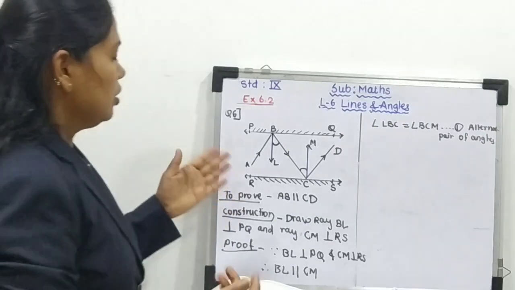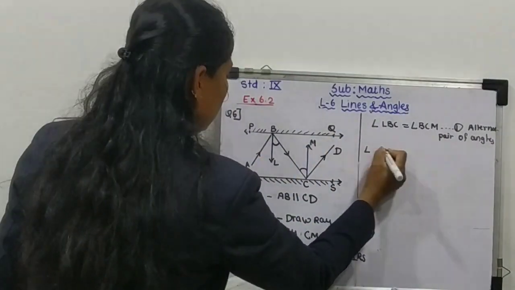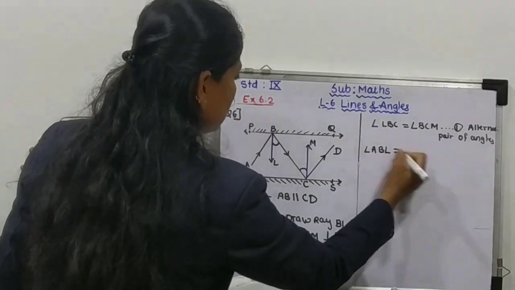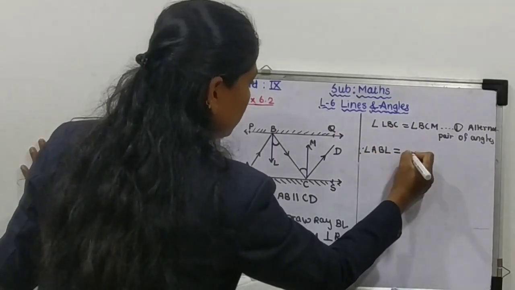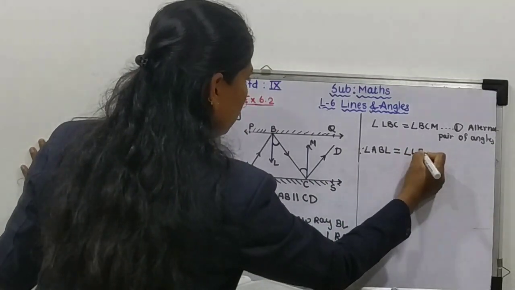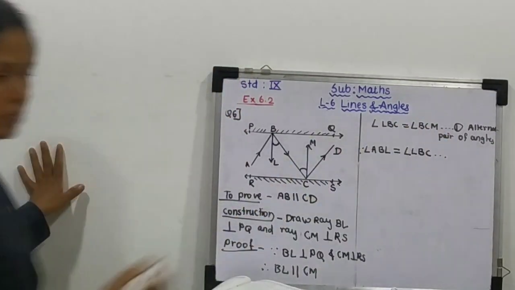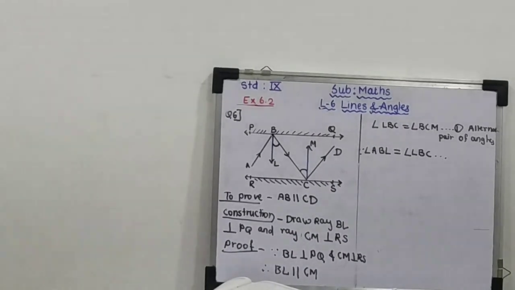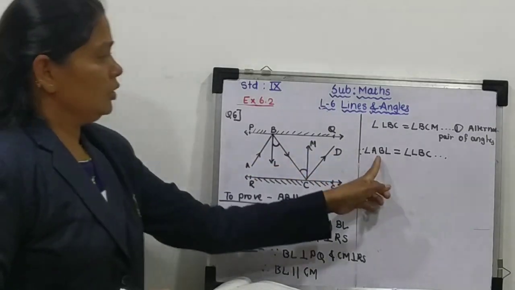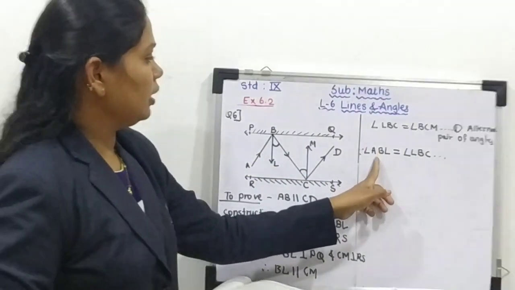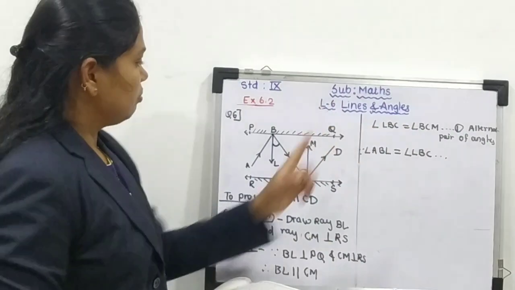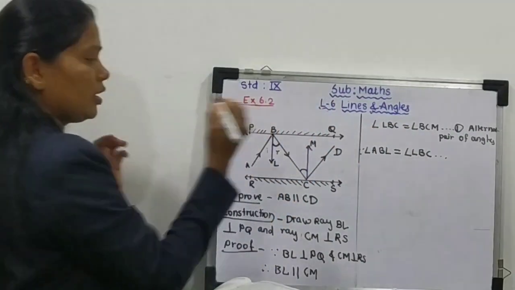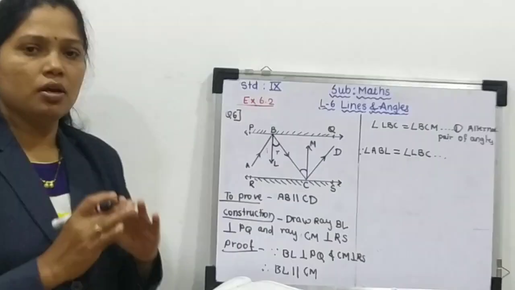So we will write here, angle ABL is equal to angle LBC. Here, understood why we have written angle ABL equals angle LBC? Because this is the angle of incidence and this is the angle of reflection. In science we have studied this.